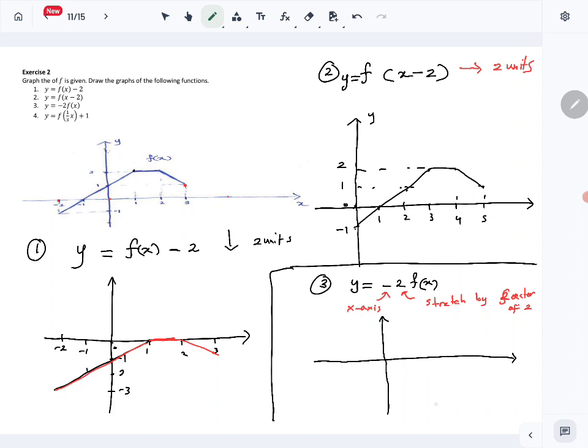Reflection. So it has to go through -1, like that, right? So this would be +1, -2, -1, 0, -1, minus 2, right? And these are 1, 2, and 3, right?